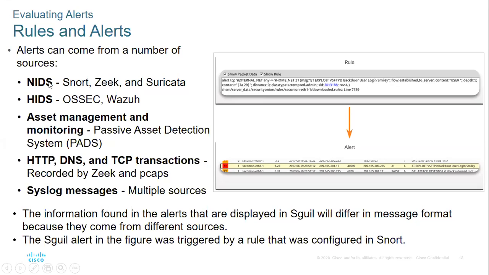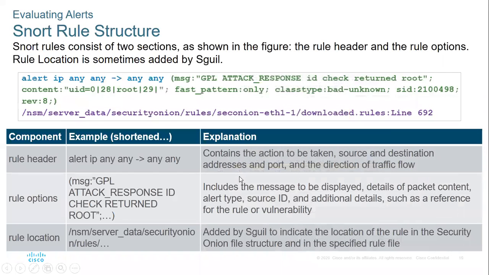What we have in these systems are rules. If a rule has been violated, then we're going to have an alert which is sent to Sguil.